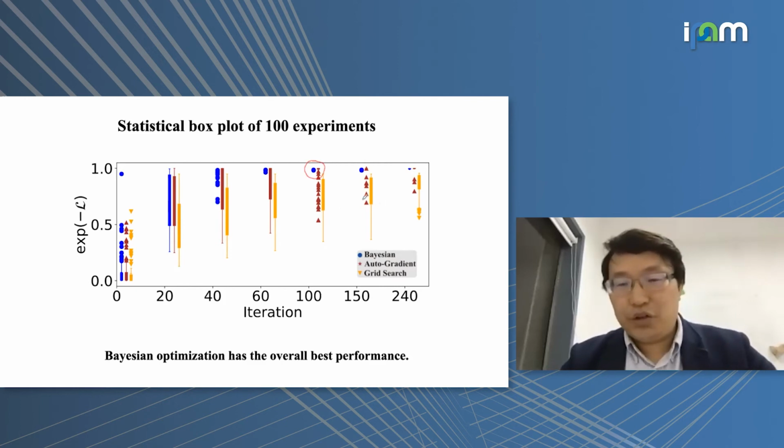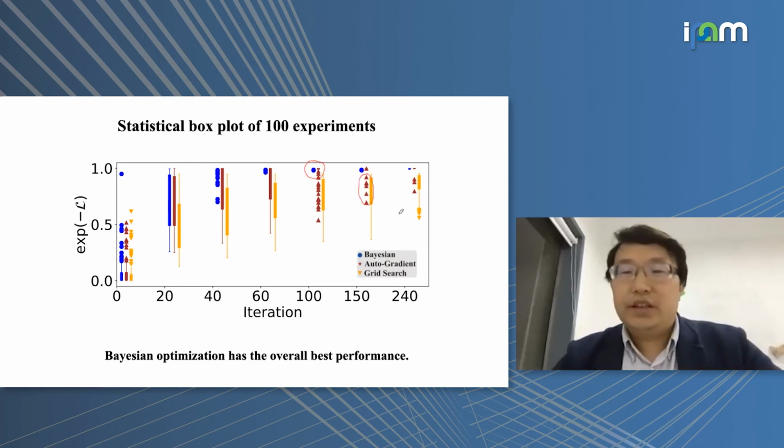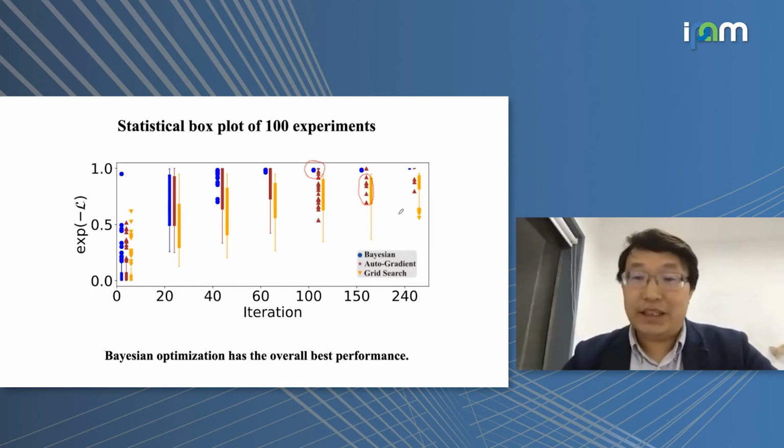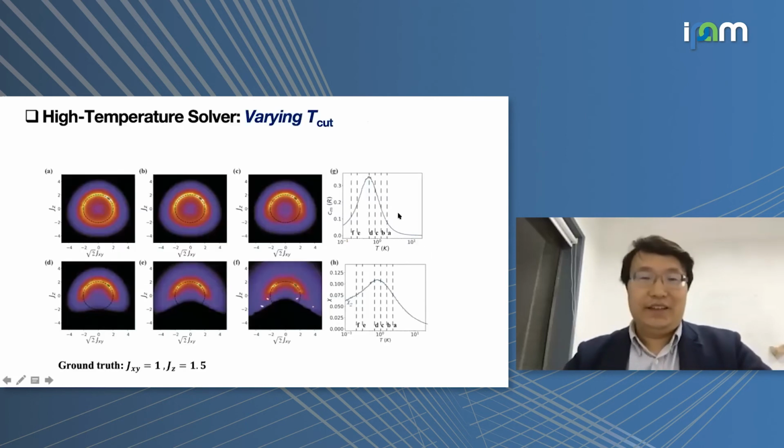The autogradient performance is also good, but it has the deficiency that it could be trapped in a local minimum, and the grid search is less efficient compared with the Bayesian and autogradient methods.